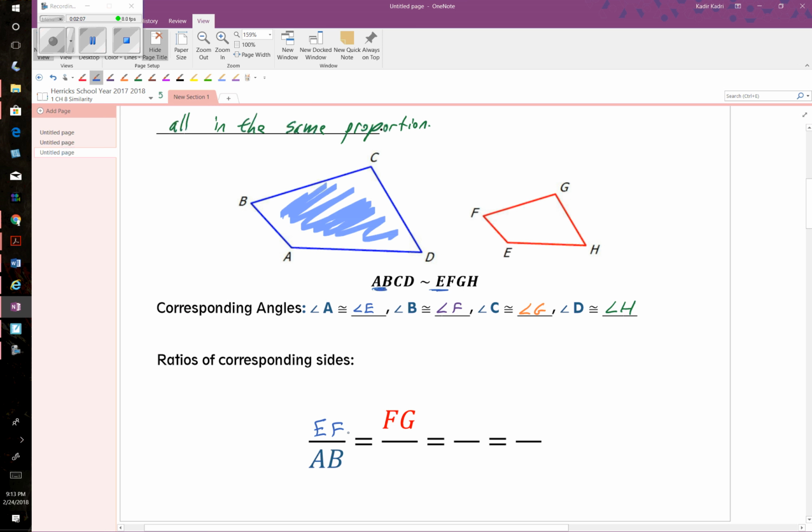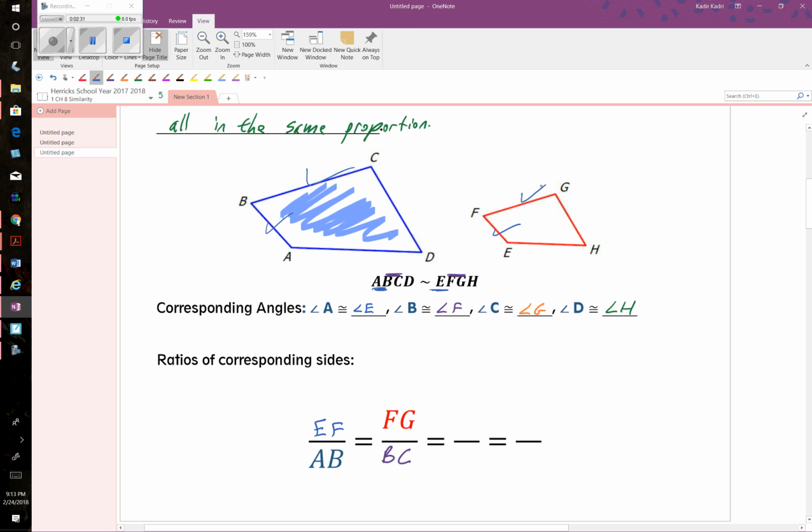Now here we have FG. FG is the next two, the two middle letters, and that corresponds to BC. So we already have AB and EF, BC, which is up here, to FG.